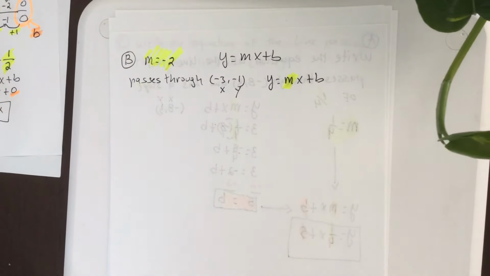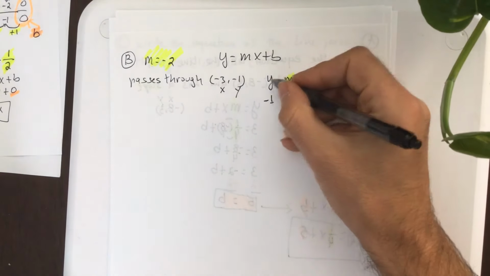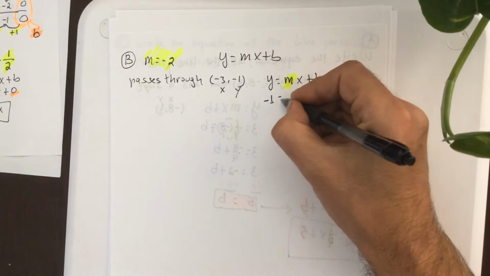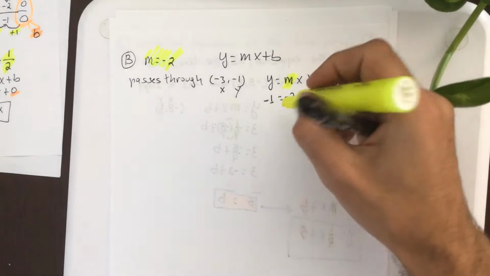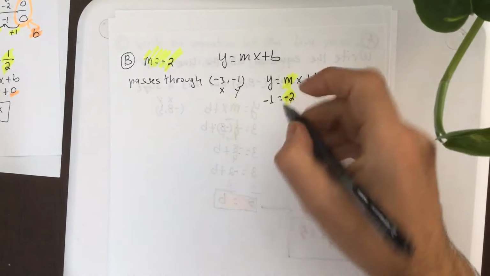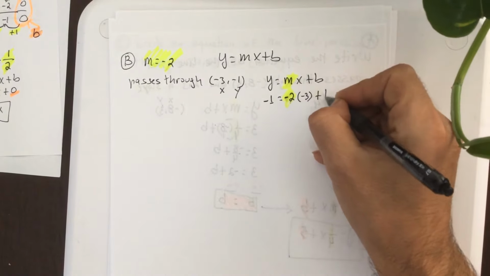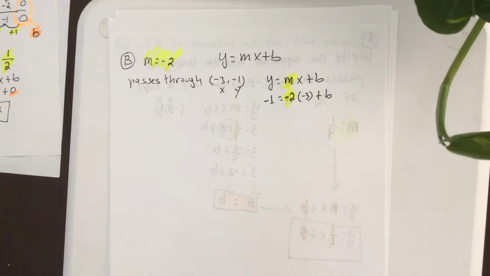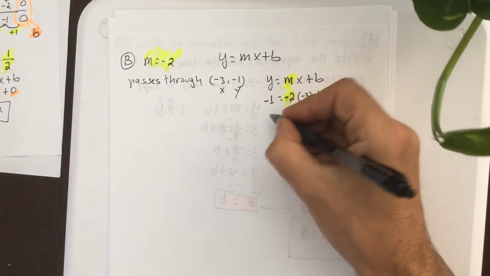My y is -1. My slope is -2, right there. My x is negative 3. I do not know what my b is. That's what I'm trying to find out. So simplify and solve the equation for b.